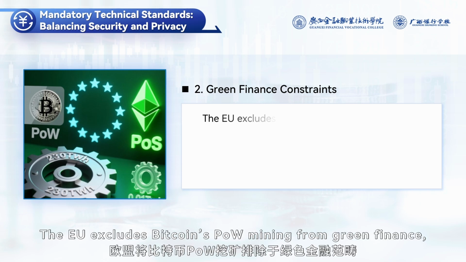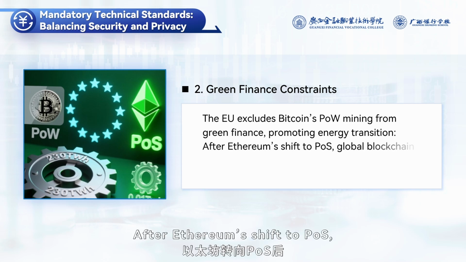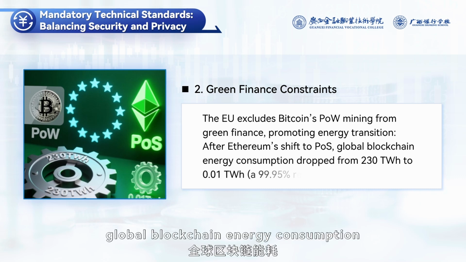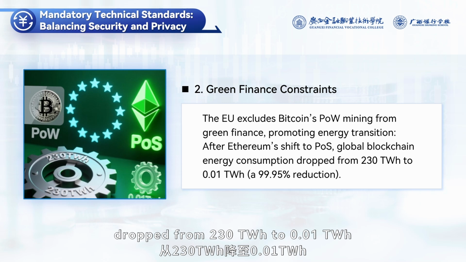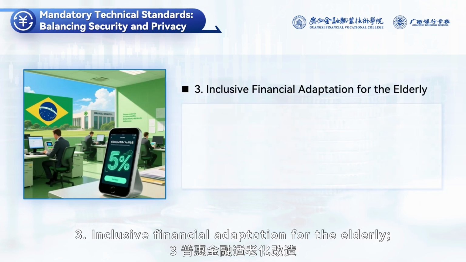The EU excludes Bitcoin's POW mining from green finance, promoting energy transition. After Ethereum's shift to POS, global blockchain energy consumption dropped from 230 terawatt-hours to 0.01 terawatt-hours, a 99.95% reduction.